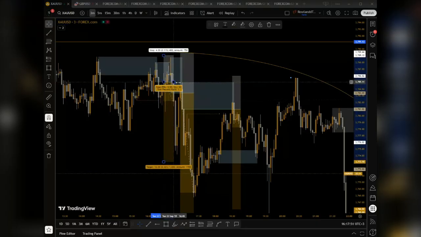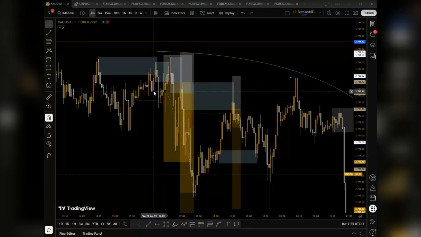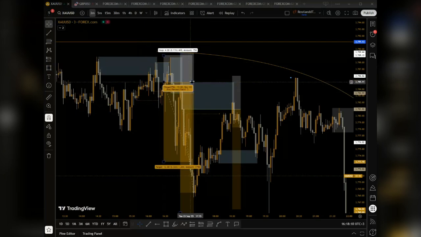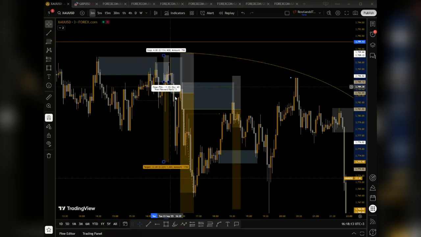And it was not based on a change of character, but rather it was based on a change in the state of delivery. Now, for a change in the state, you actually need a candle body close. Not just a weak break like for a change of character. For a change in the state, you need a candle body close. So that's what I wanted to bring to your attention so that the next time you don't make such a mistake.